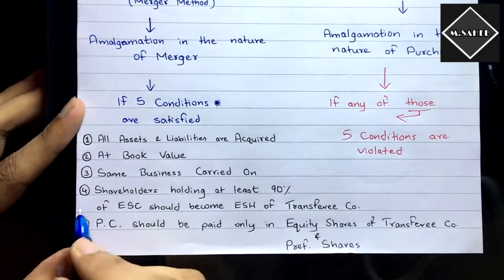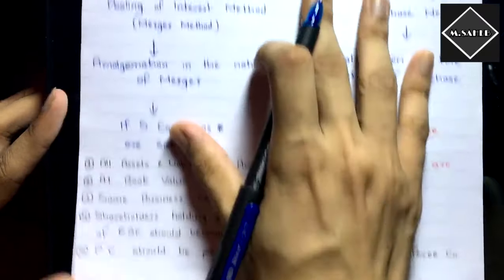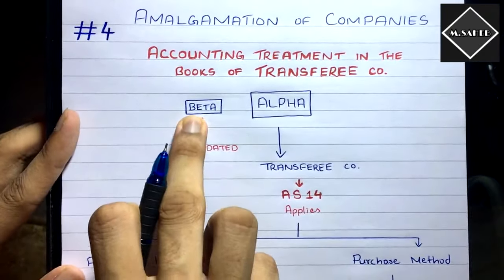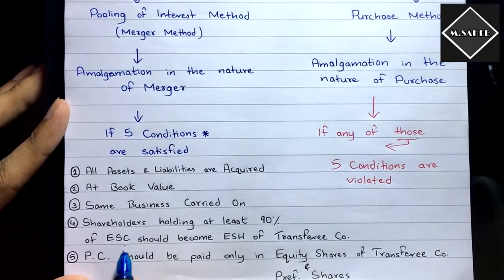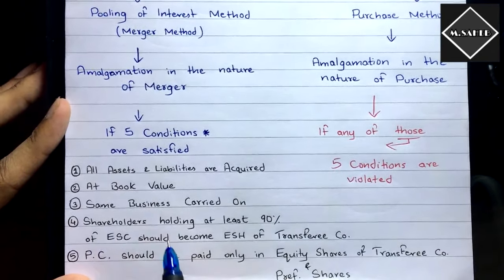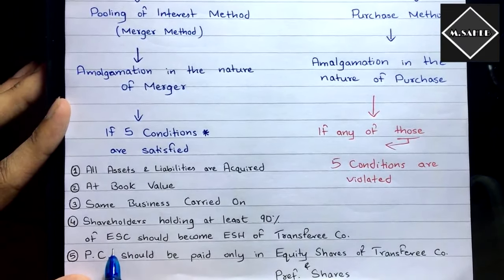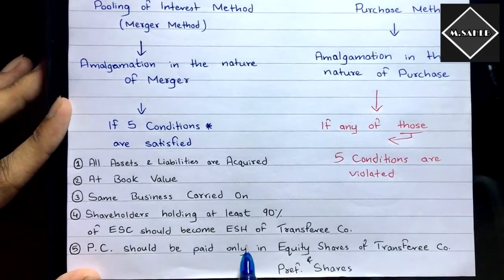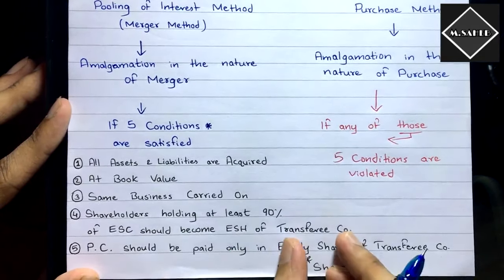Understood? And then the fourth condition is, see here, shareholders of Beta Company holding at least 90% of equity share capital should become equity shareholders, ESH, of the new company.